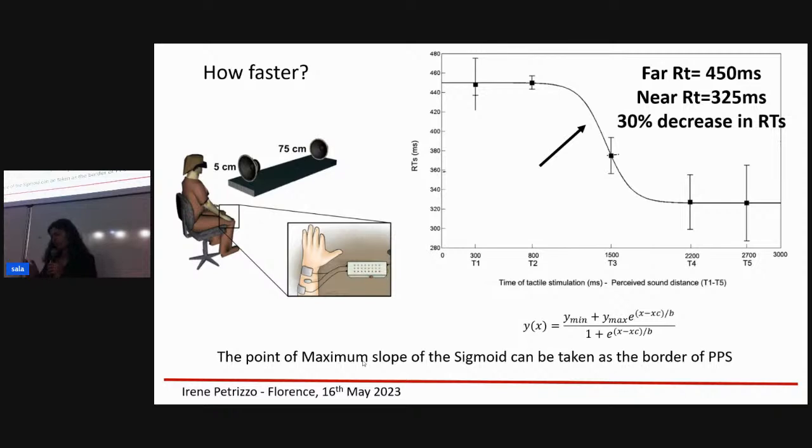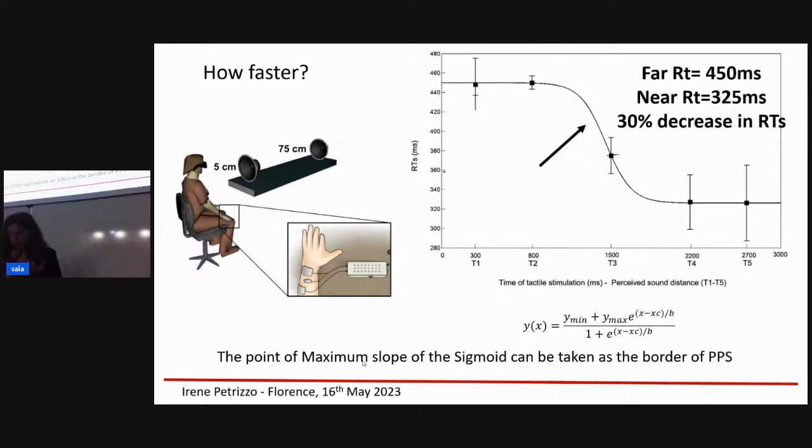And of course, you can only get to a certain point of faster, then you can no longer improve. And this modulation of the reaction time can be described with a sigmoid function. And if you take the point of maximum slope of that sigmoid function, that is the precise border of the peripersonal space.